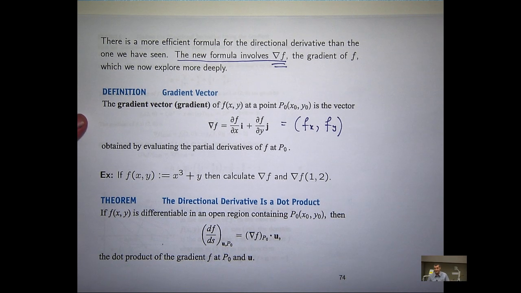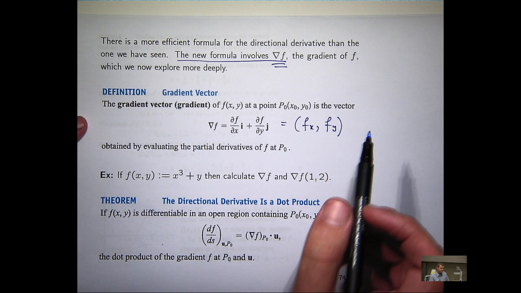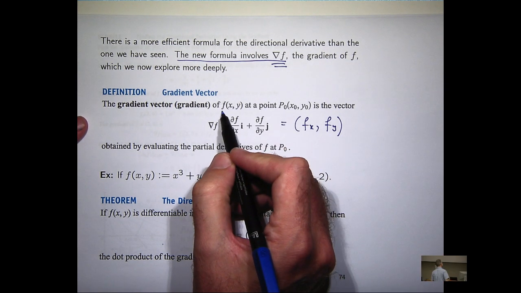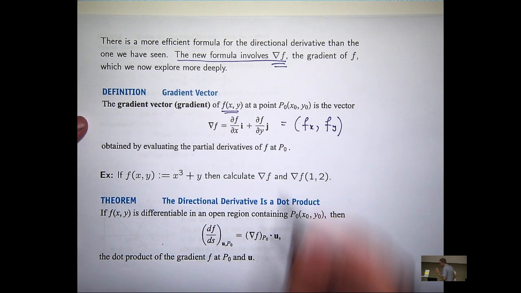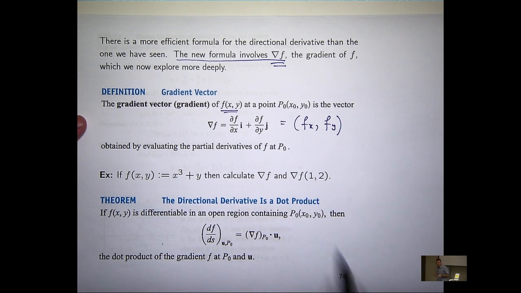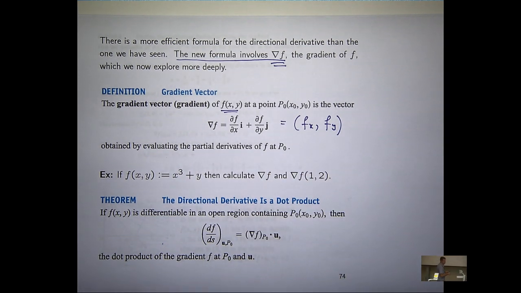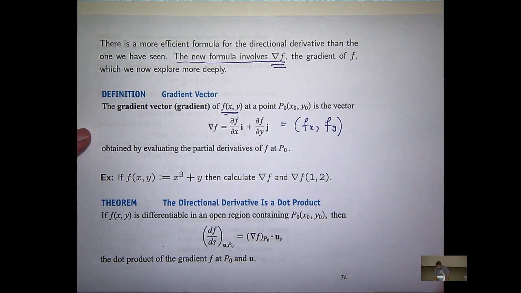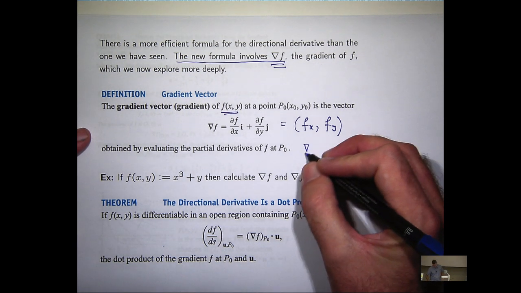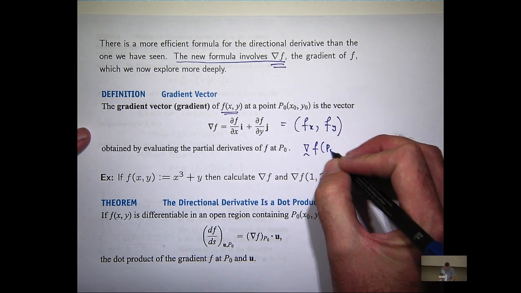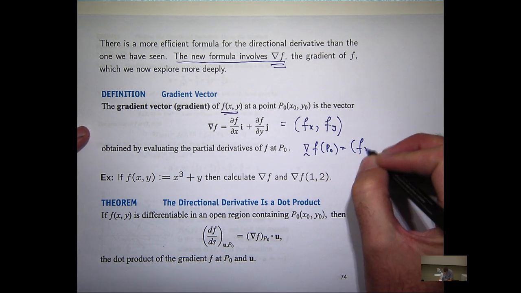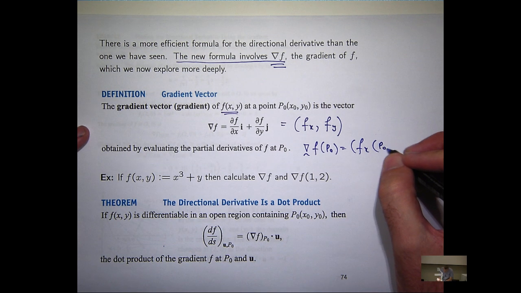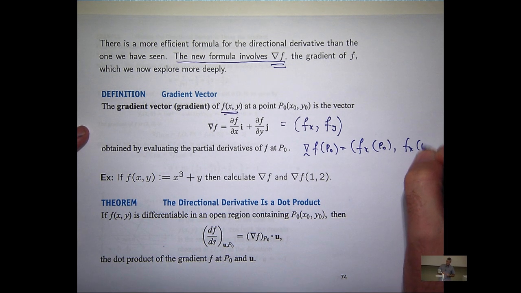Okay, well, if we have some function of two variables and some point p0, we define the gradient vector, or just the gradient, of f at p0 to be this. Technically what we're doing is first computing these derivatives and then evaluating them at the point of interest.